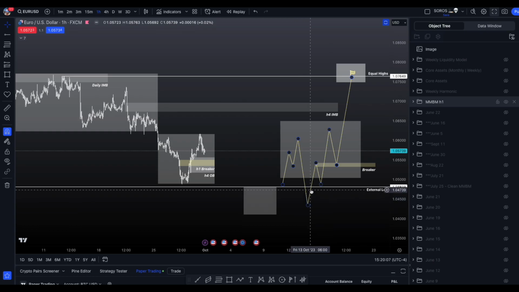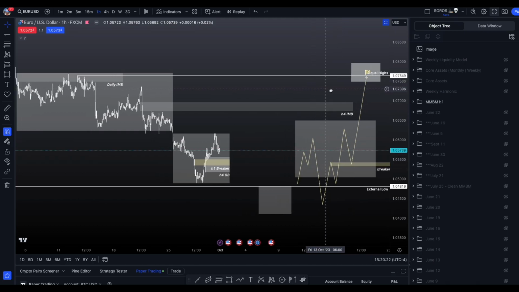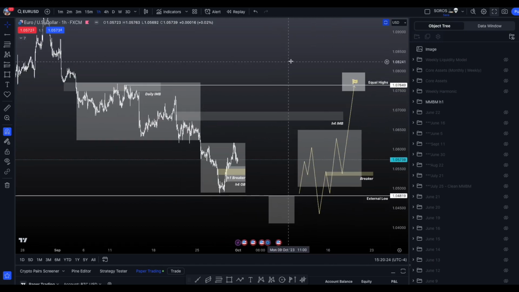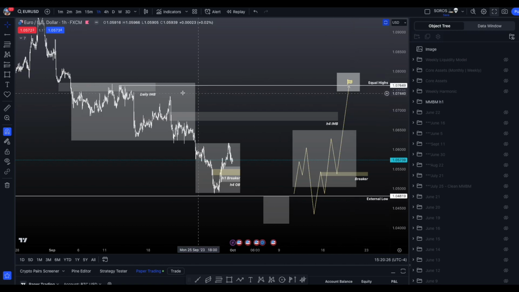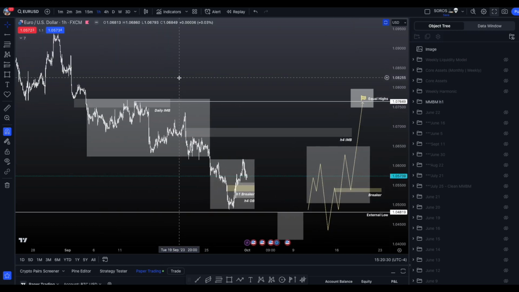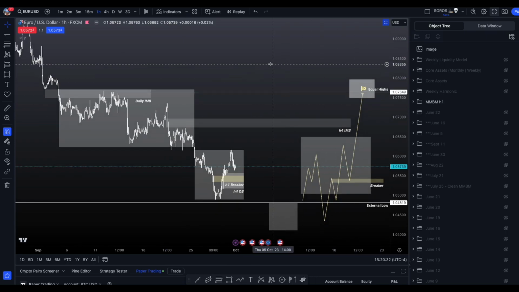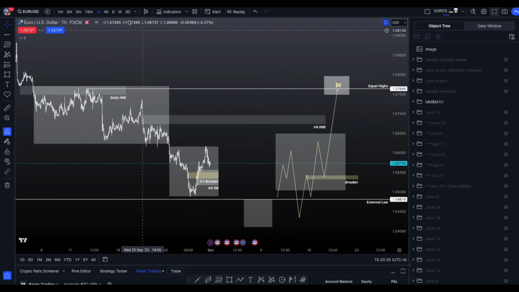What I'd want to see is immediately get bought back and then reclaim this level that was the inducement level before pushing up. And then look for a break of structure, potential breaker in here or an order block to form. And then that's where you can look for the final push into this area of interest, clearing out the original consolidation.